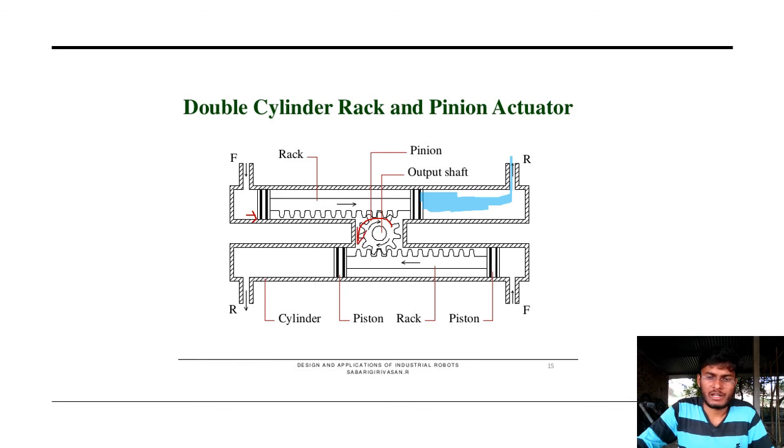With the help of that pinion, the other rack moves in the right side direction. So there are two linear motions and one rotary motion. With the help of linear motion, the pinion is rotating, so it is converted into rotary motion. This is the working principle of the double cylinder rack and pinion actuator.